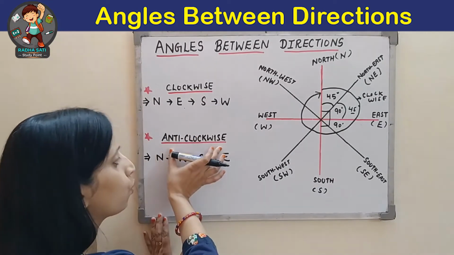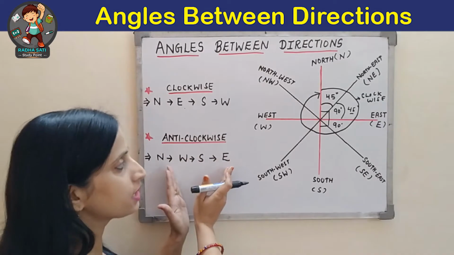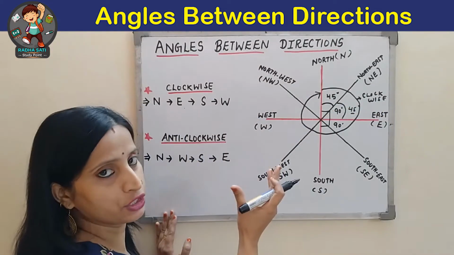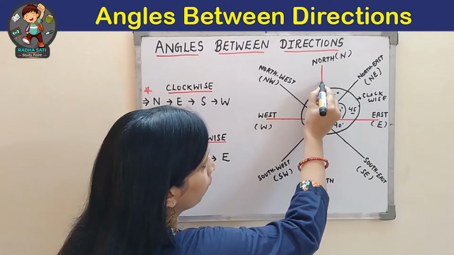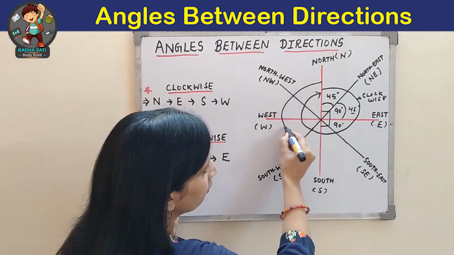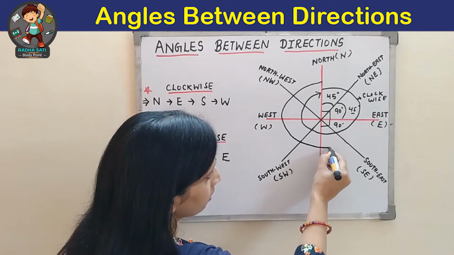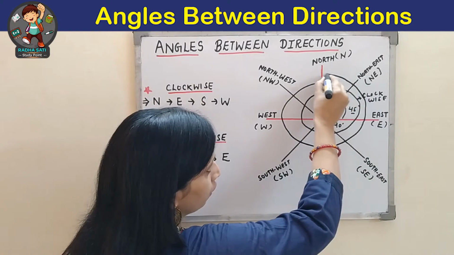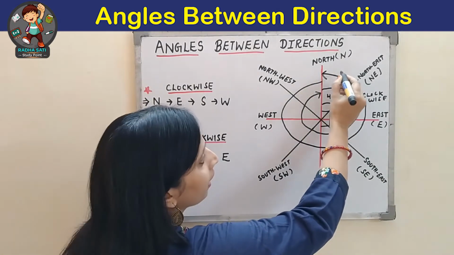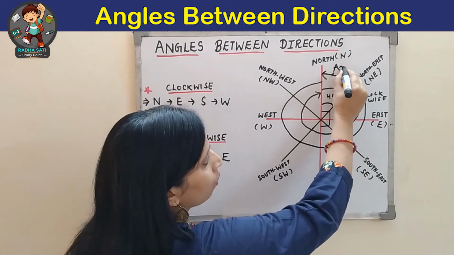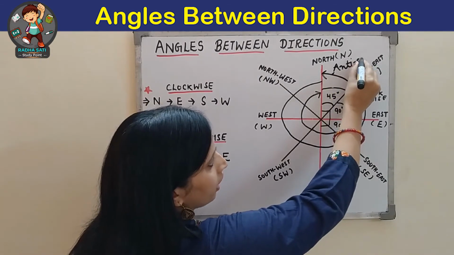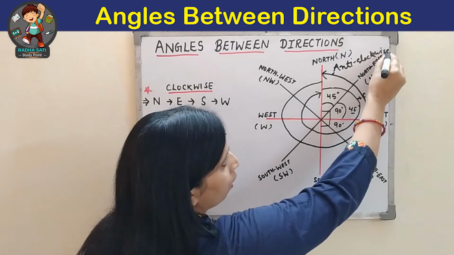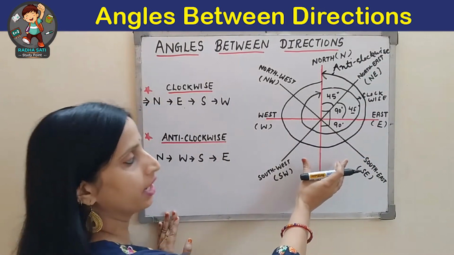Now anti-clockwise rotation means when we move in the opposite, reverse direction, from north to west, west to south, south to east, and then from east again back to north. So anti-clockwise is just the opposite of clockwise rotation.